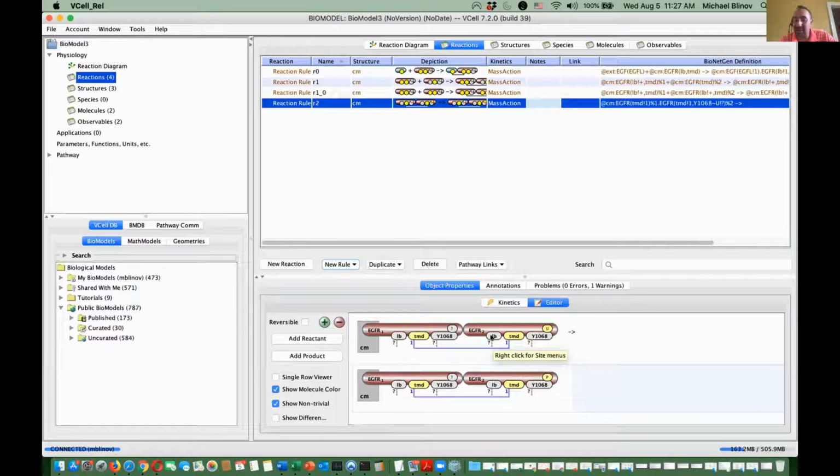And the rules are very detailed. So now you have several options. You can say that the ligand must be here, and this is just site has a bond. You may have that the ligand must be here. Or you can say that the ligand just must be somewhere in the same complex.